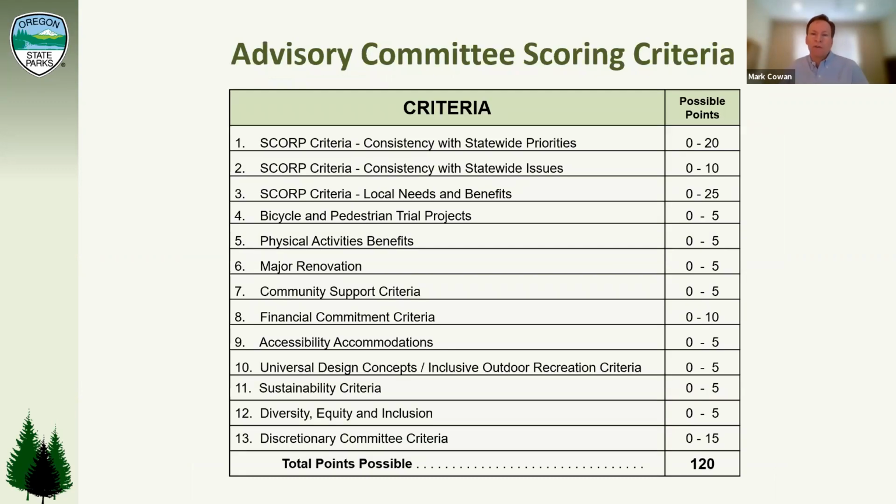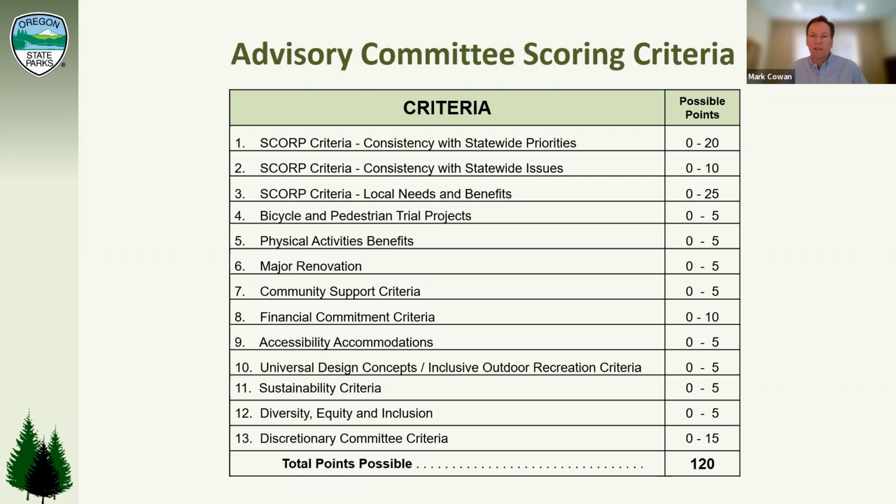This is the actual scoring criteria. As you can see there, points 1 through 3 are heavily SCORP laden. There's 55 points right there just in SCORP-related questions. Then moving on from point 4 on down, we call out bicycle and pedestrian projects. We give that a special point category. Physical activities, special point category.